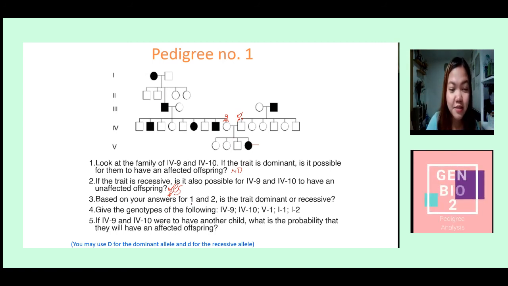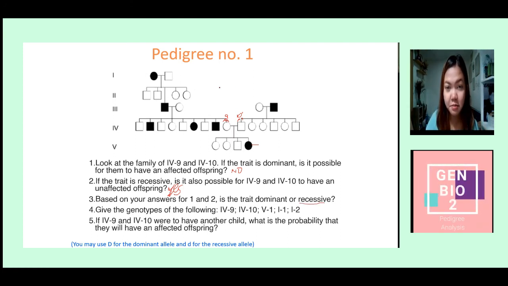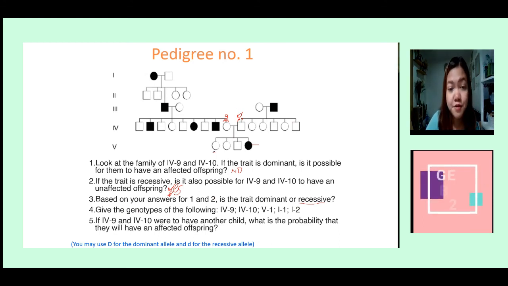So based on your answers for 1 and 2, is the trait dominant or recessive? So the trait is recessive. Give the genotypes of the following: 4, 9, 4, 10, and 5, 1. So for 5, 1, pag Punnett square natin ito, it could either be homozygous or hetero.